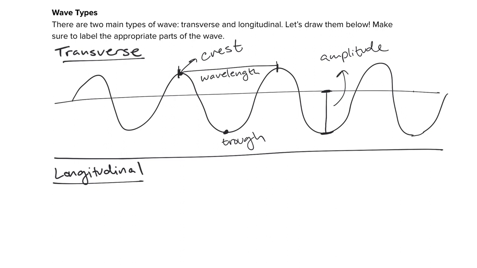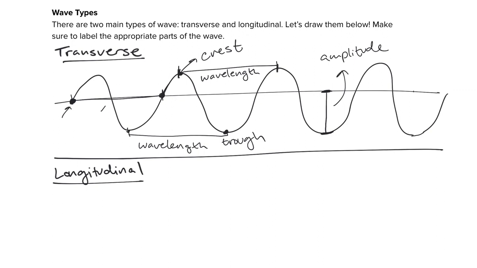You could also do that from a trough to a trough, and that would still be a wavelength. Or you could do it from one middle point to the other. However, you have to do this middle point going the same direction. So this middle point goes up after it, and this middle point goes up after it. So those two could be a wavelength.